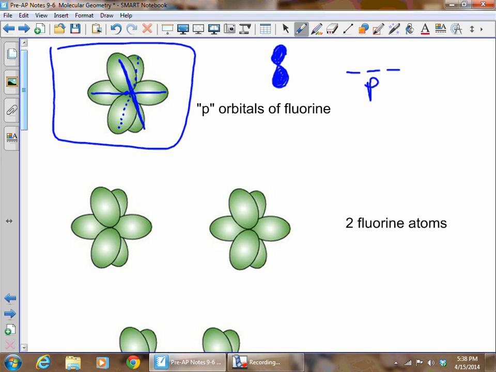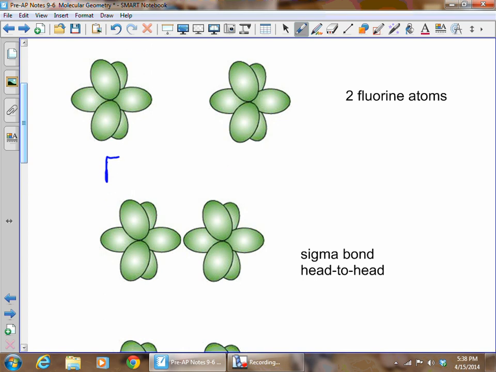So let's imagine 2 fluorine atoms. Those 2 fluorine atoms are each going to have a set of P orbitals around them. Specifically, the valence electrons are going to be in the 2p sublevel. Let's look at why. If you look at fluorine's orbital notation, we've got 1s, 2s, and then 2p.